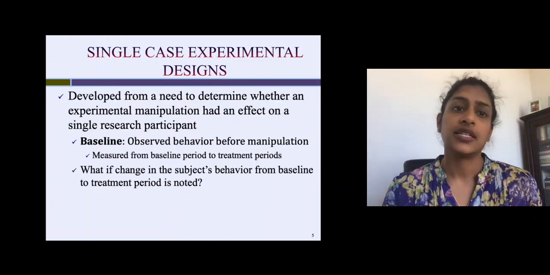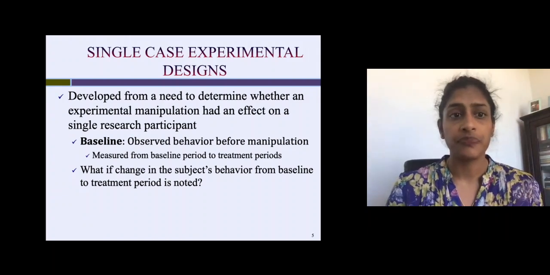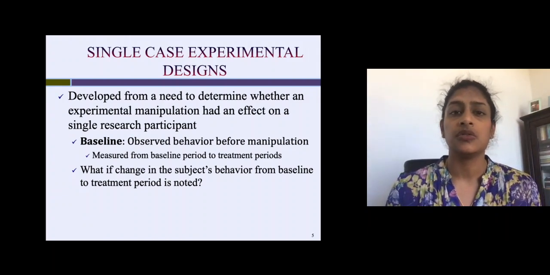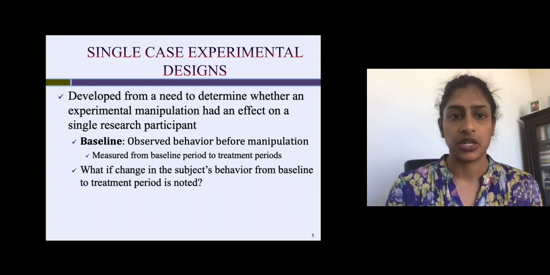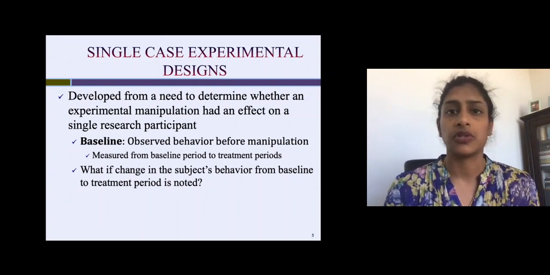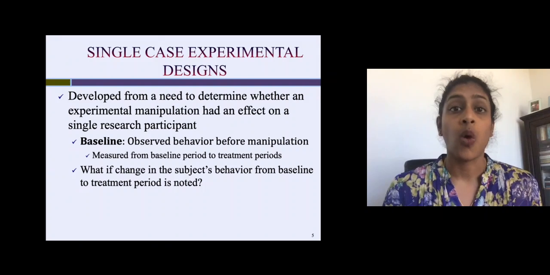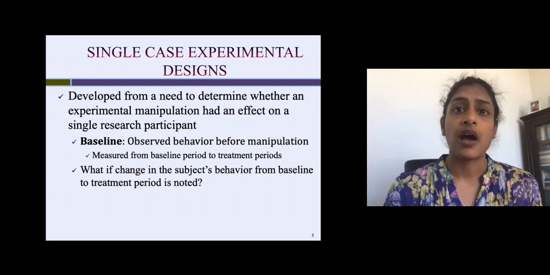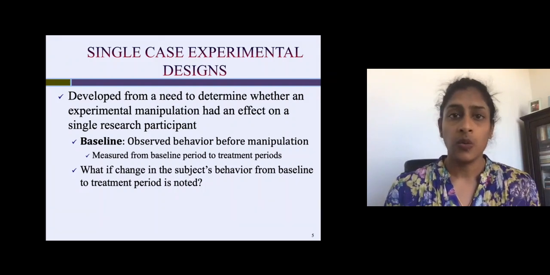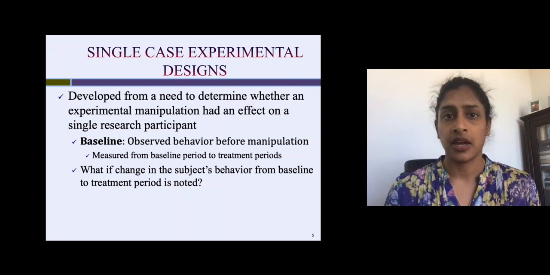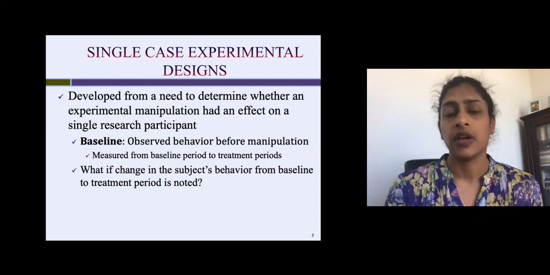So where did these single case experiments come from? Well, we needed to have some kind of experimental manipulation, if you will, and we wanted to be able to do so with one participant. And so how do we do this? Well, we have to have a baseline understanding of behavior.